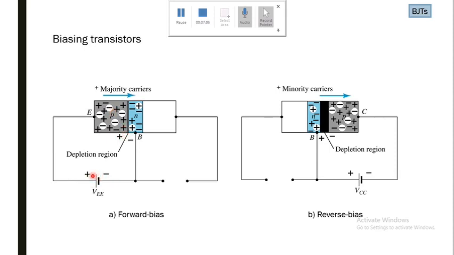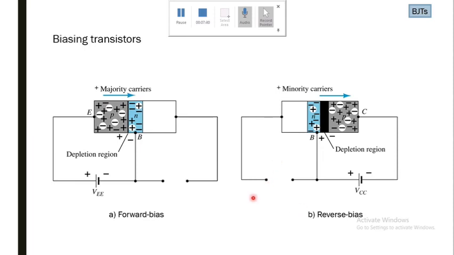From this source we are pushing them by attaching the positive terminal of the battery here. We push the positive charge carriers towards the base, and the flow of holes will be seen from P to N-type material.